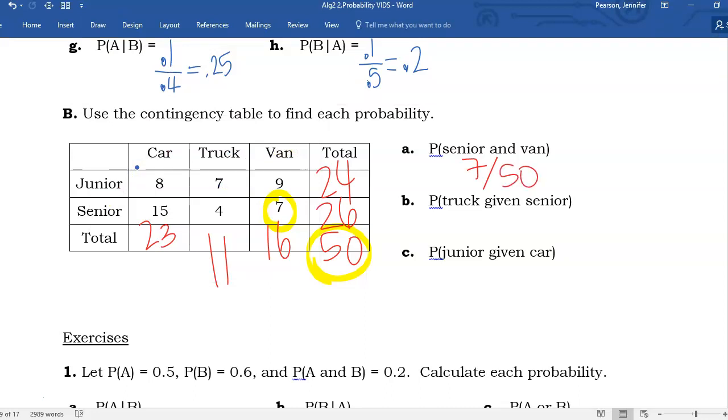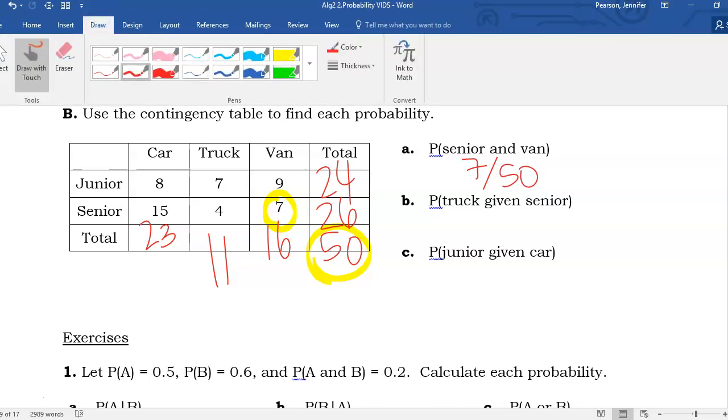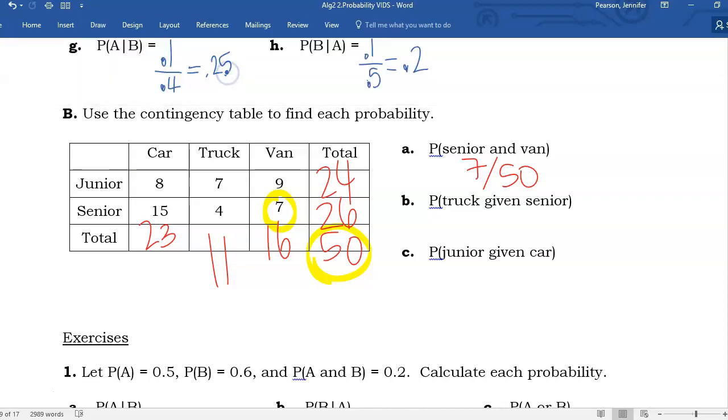What is the probability that a student drives a truck given that they are a senior? If I'm looking at given that they are a senior, I don't care about any of this noise or any of this noise. I'm only looking at the senior row.